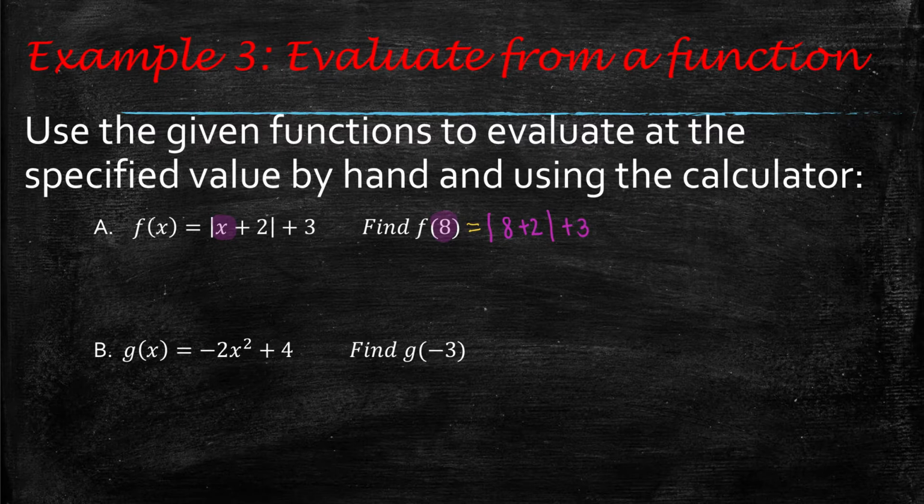Absolute value is like parentheses, so you evaluate that first. 8 plus 2 is 10, so this is the absolute value of 10, plus 3. Absolute value means the distance away from 0. 10 has a distance of 10 away from 0, so the absolute value of 10 is 10, plus 3, and therefore the answer should be 13.